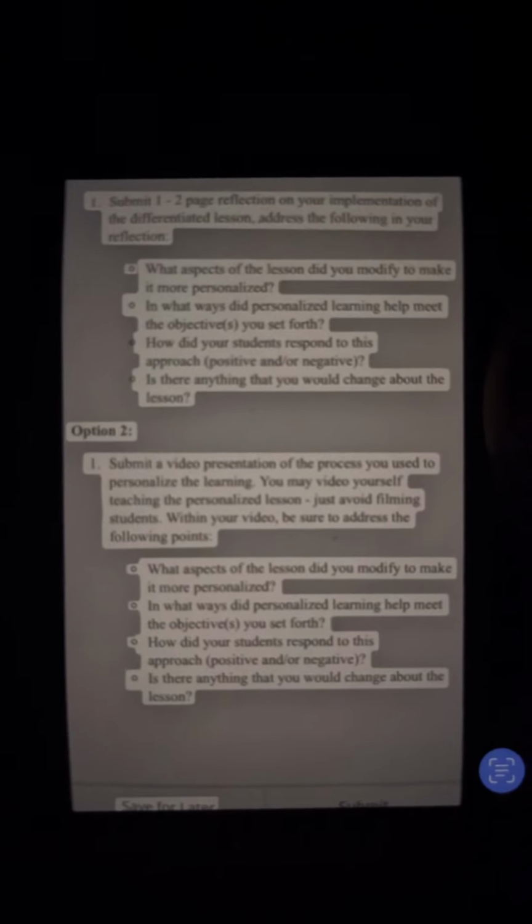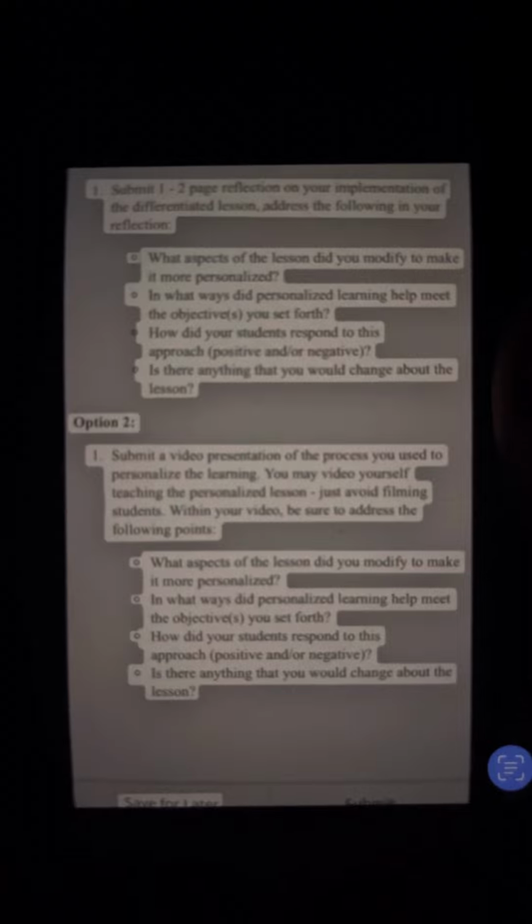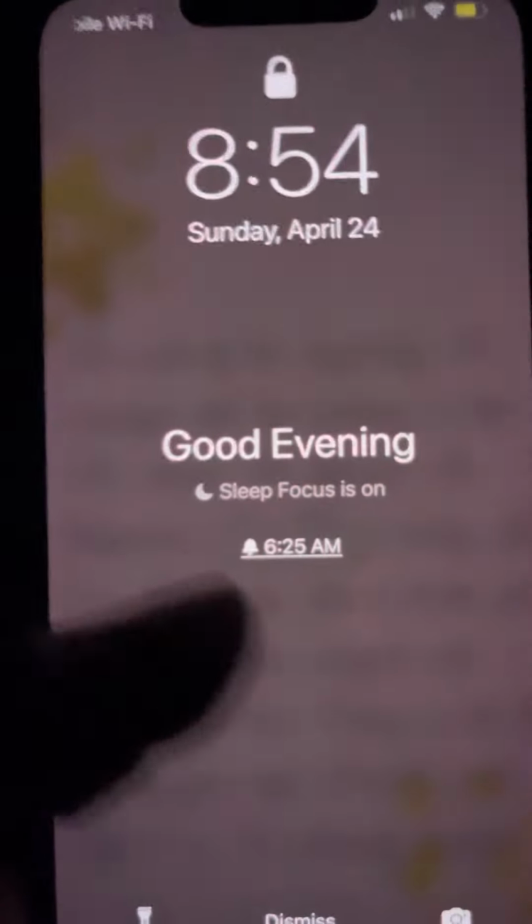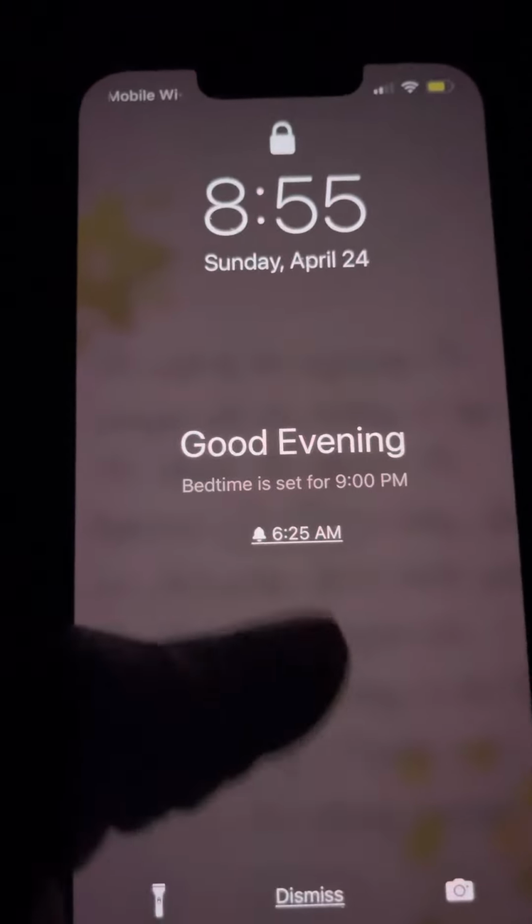So being able to post this on some form of virtual website would allow me to better grade, better submit grades, and keep everything organized within the unit.